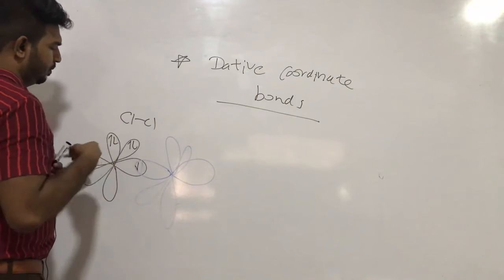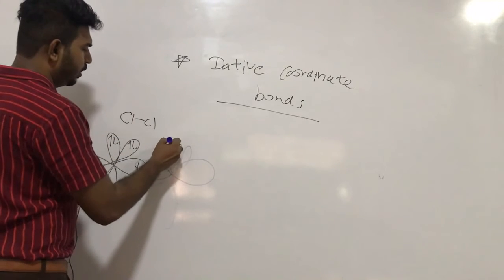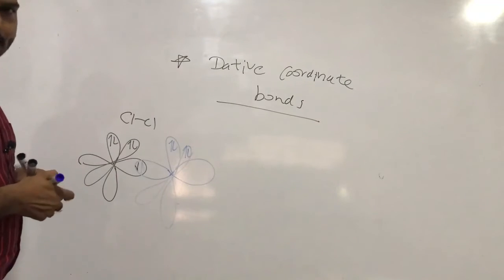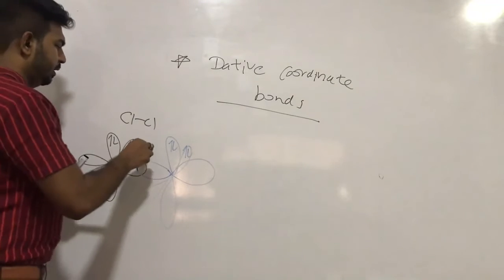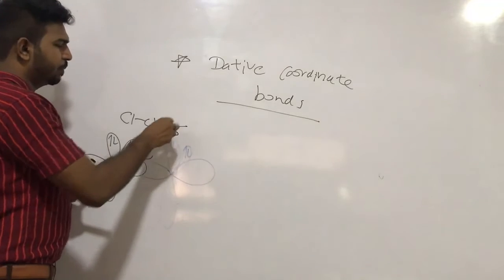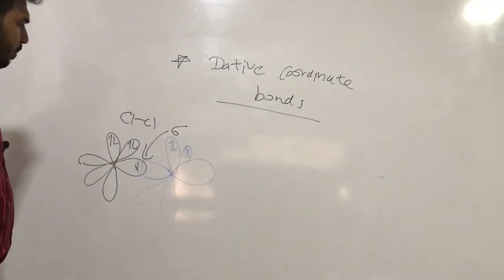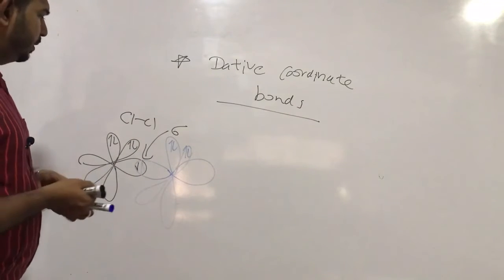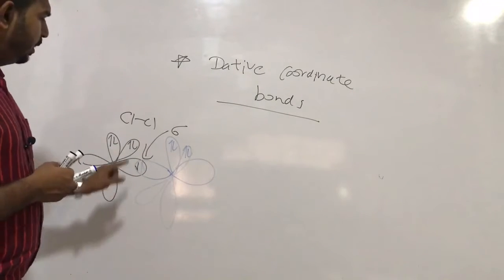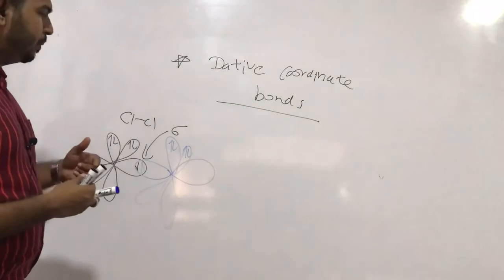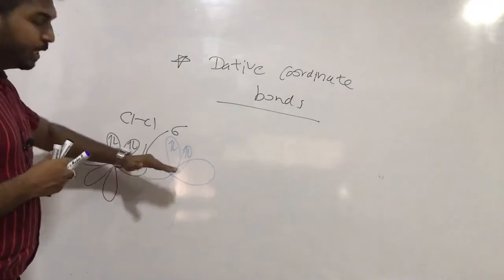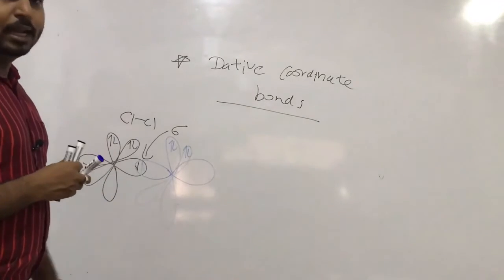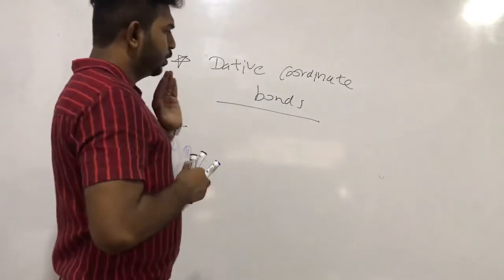So here also there were some paired electrons. So this is a sigma bond between these two chlorine atoms. When this chlorine bond forms, these two electrons are shared in between the internuclear axis.